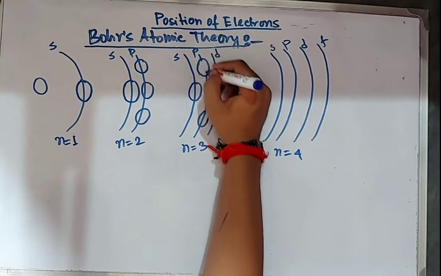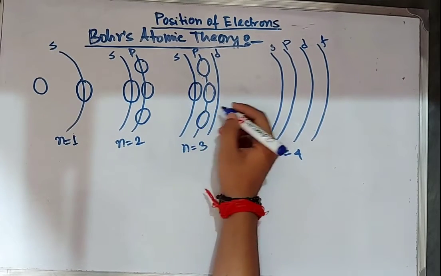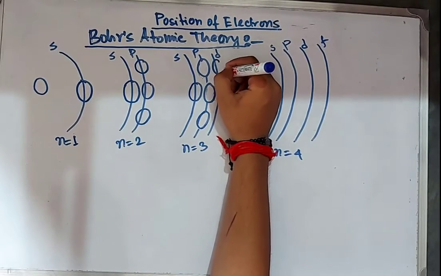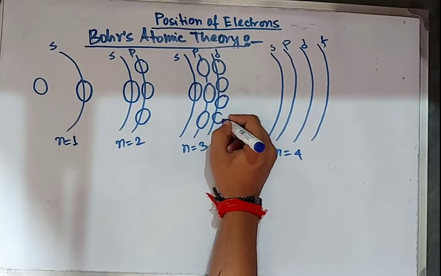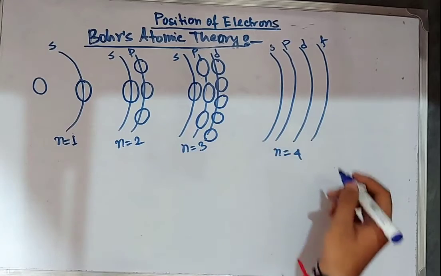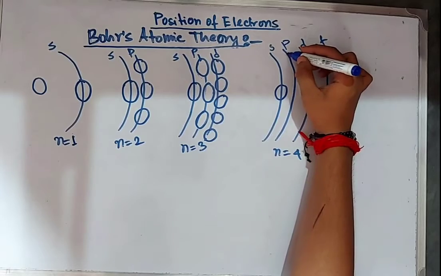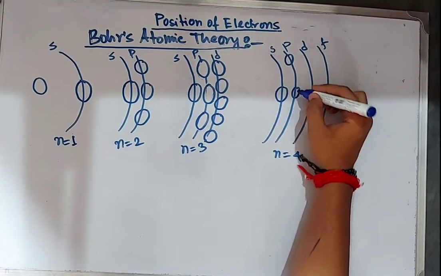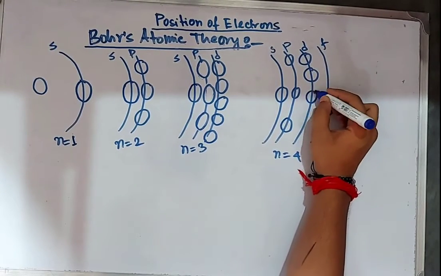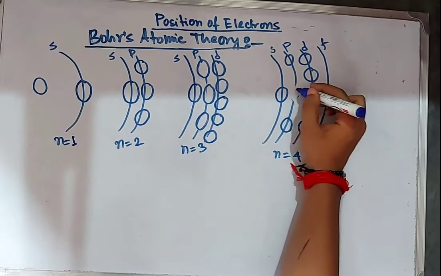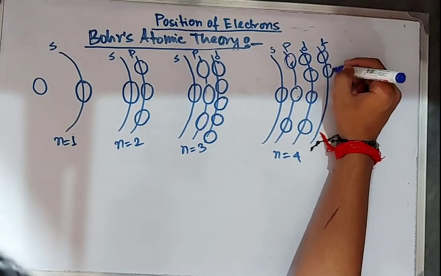And in D, there will be 5 orbitals. In F there will be 7 orbitals.